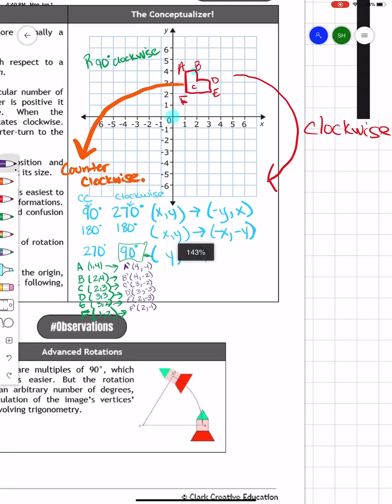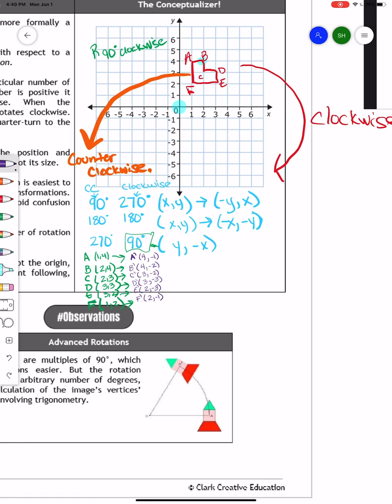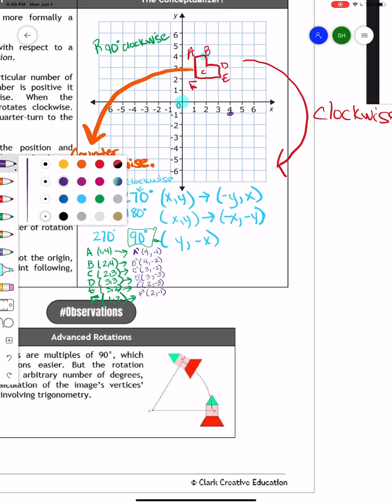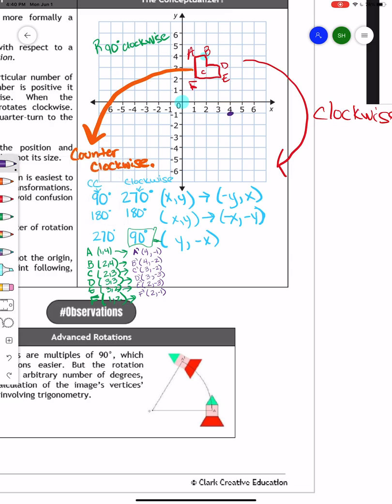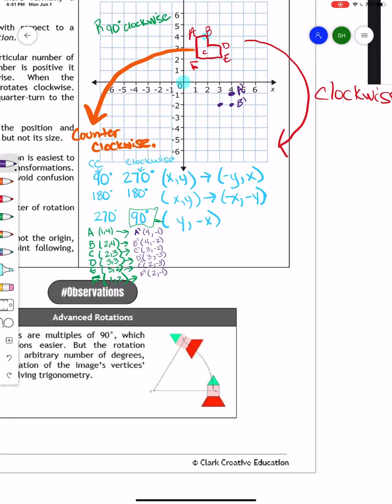Now that I have all those points, I'm able to plot them. A prime will go to 4, go to -1. Don't forget to label your numbers. B prime is 4, -2. C prime is 3, -2. D prime is 3, -3.